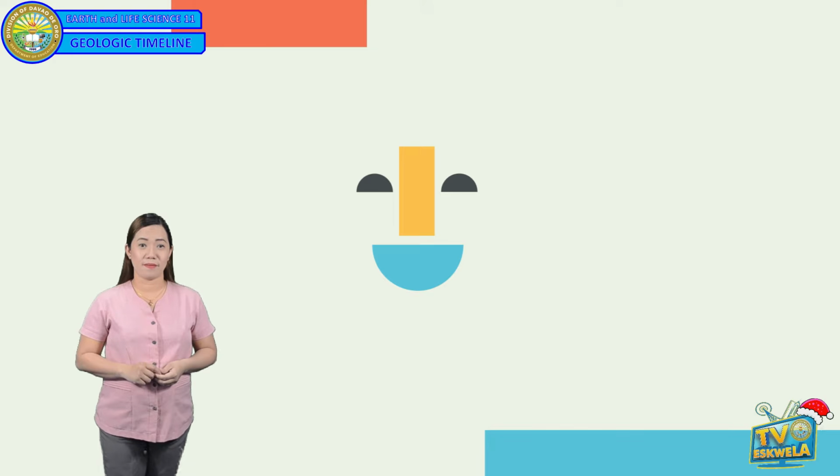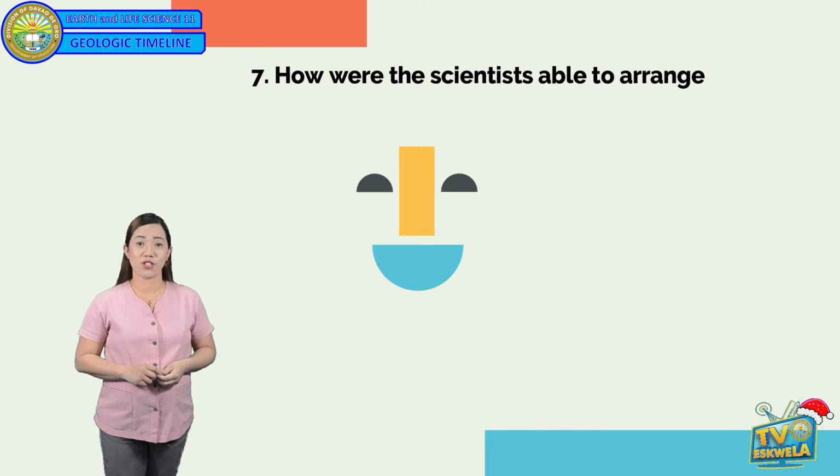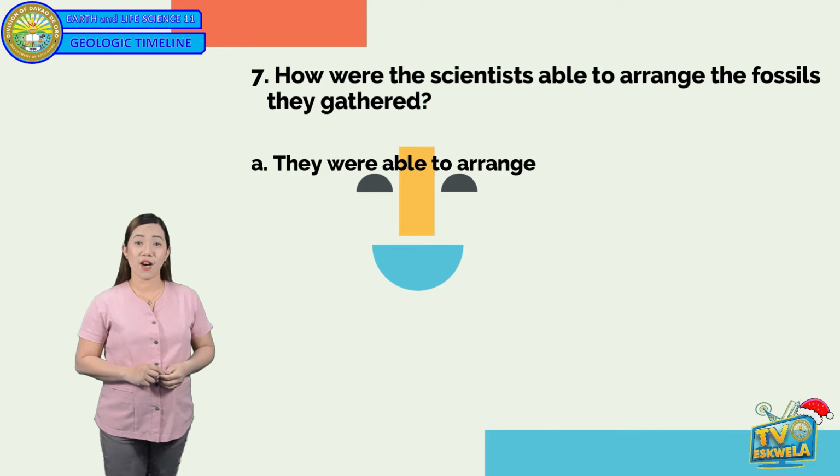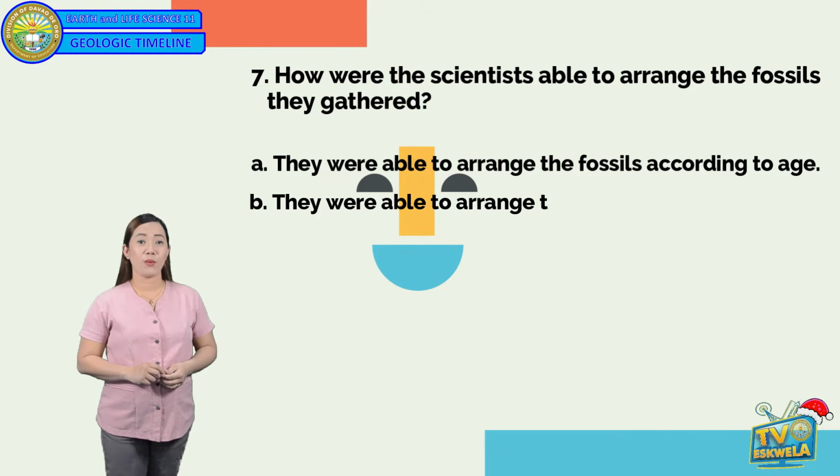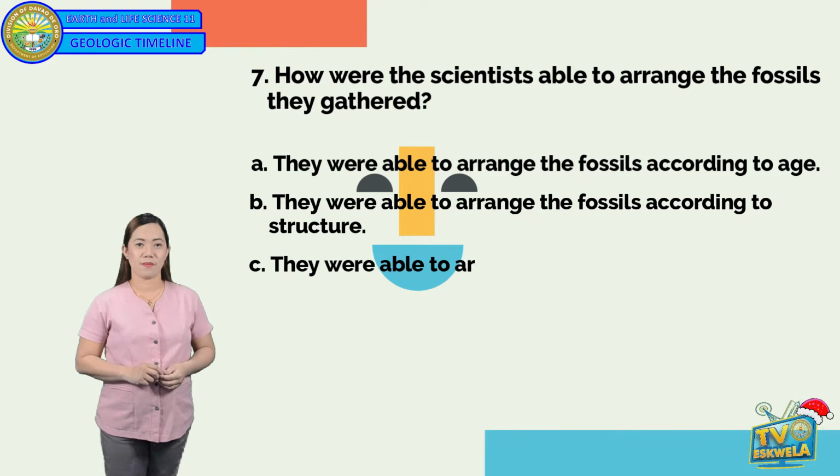Number 7. How were the scientists able to arrange the fossils they gathered? A. They were able to arrange the fossils according to age. B. They were able to arrange the fossils according to structure.